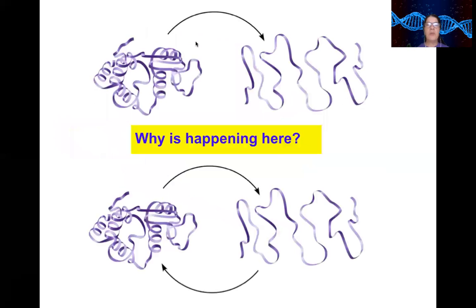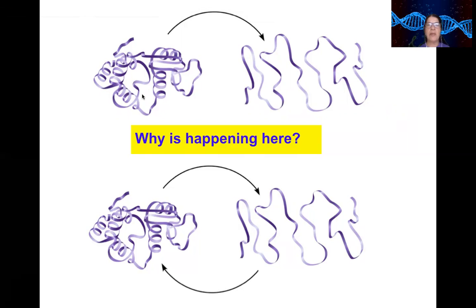Now, I want you to look at this picture and ask yourself, what is happening here? I want you to pause the video, really pause it and think. And once you have the answer, you can unpause the video and see whether we're on the same page. So what you're seeing here is a folded protein.